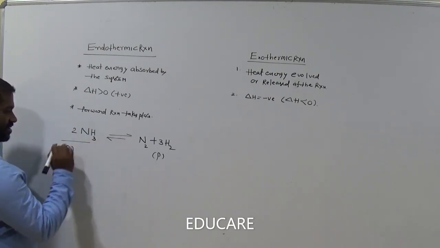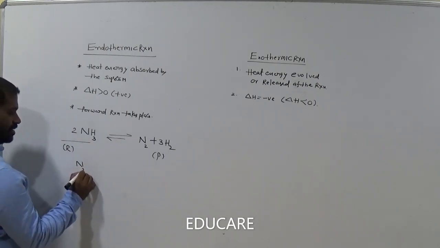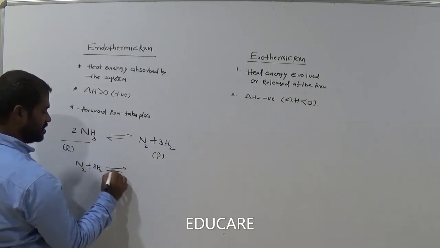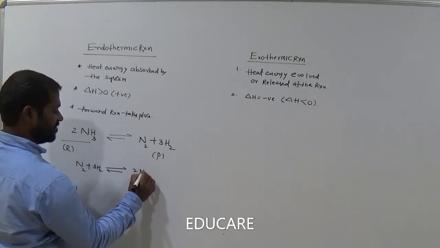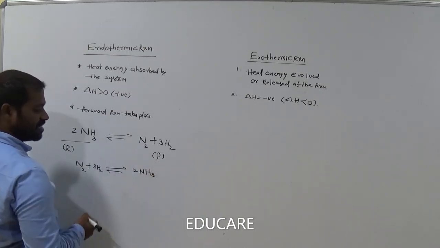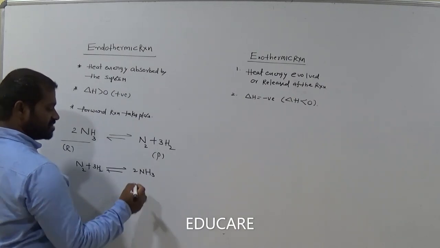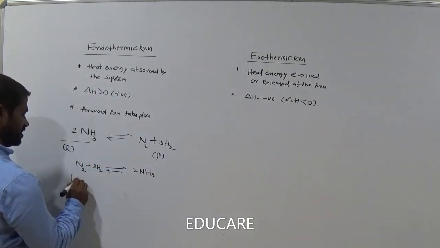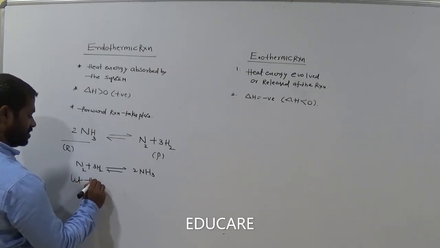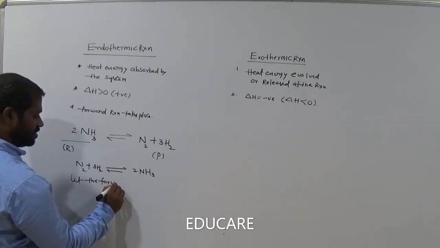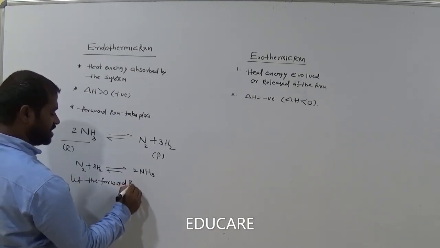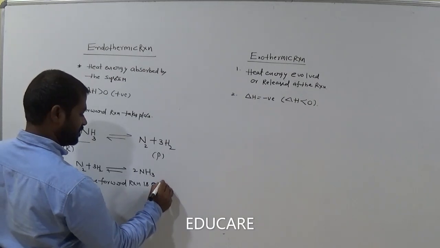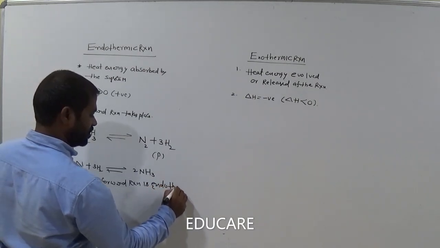And one more example, N2 plus 3H2 reversible 2NH3, a reversible reaction. Suppose the forward reaction is an endothermic reaction.